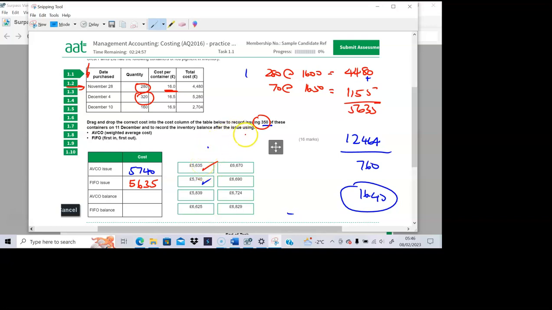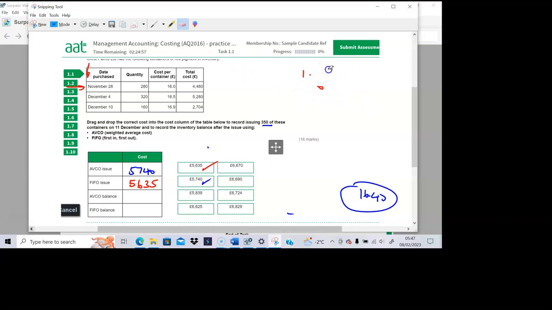So of course you have inventory left. Because it's all mixed up, this is quite nice as far as the AVCO is concerned. It simply is a question of how much inventory we have left, and all of it will be valued at £16.40, which we calculated earlier on. So let's quickly do that. 280 has left, then 70 leaving from here.